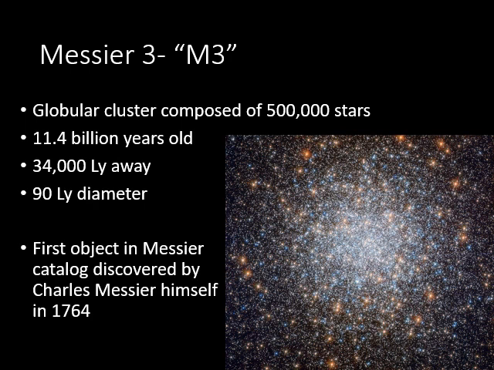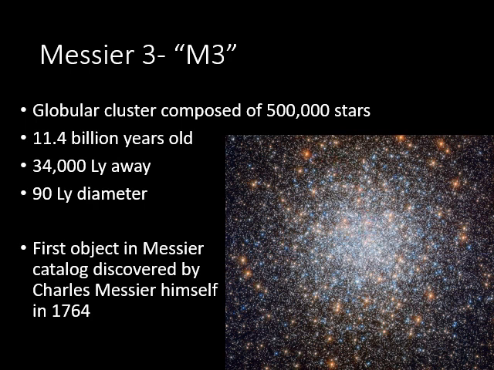The cluster, you can see a picture of it here through a telescope. It's composed of over 500,000 stars, all of different sizes and colors. Notice that it seems to be fairly densely packed in the center, with a little bit more dispersed stars at the edges. And some are blue, some are white, some are red.